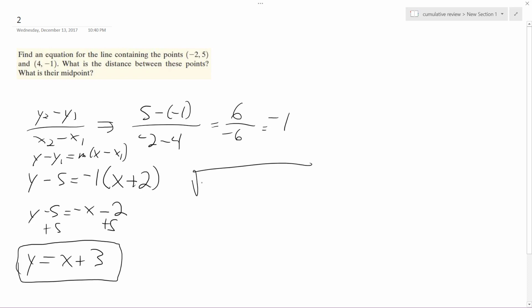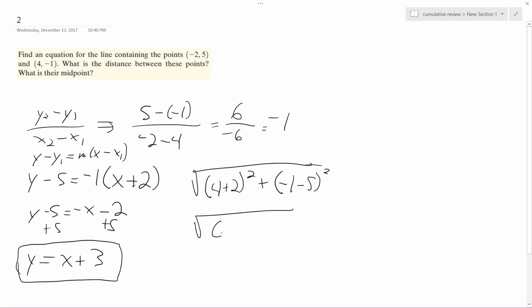Now the distance is just going to be my 2 x variables, so 4 minus -2, which is +2, squared, plus y, I mean, this is just the Pythagorean theorem in disguise, -1 minus 5 squared.